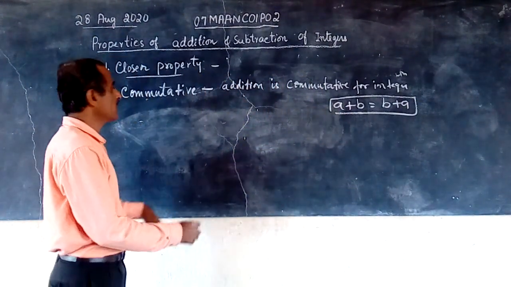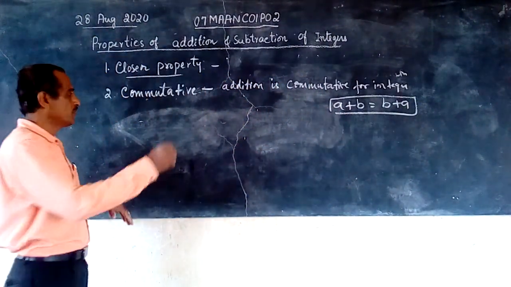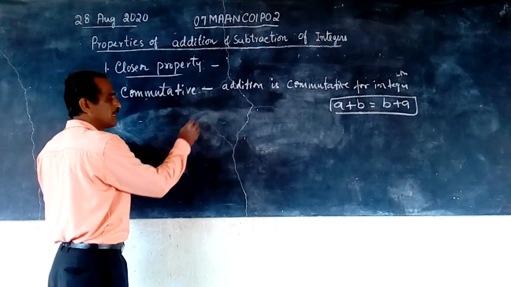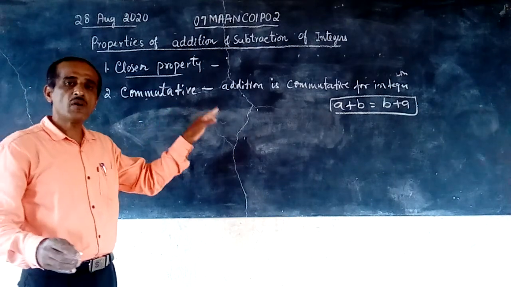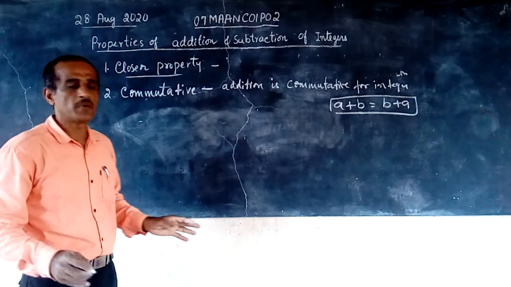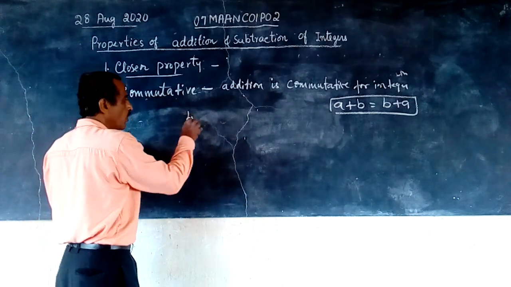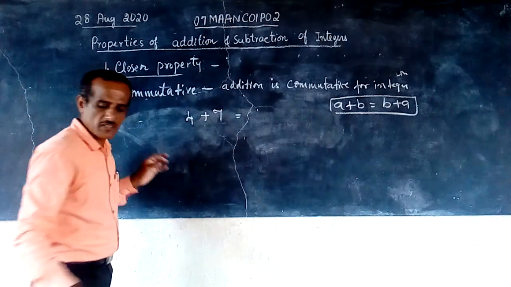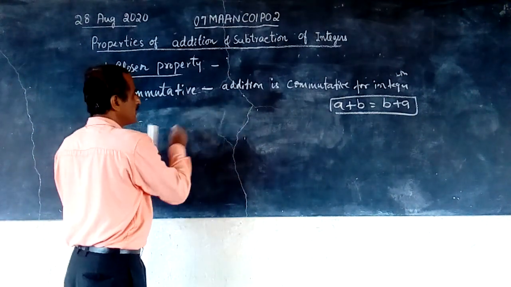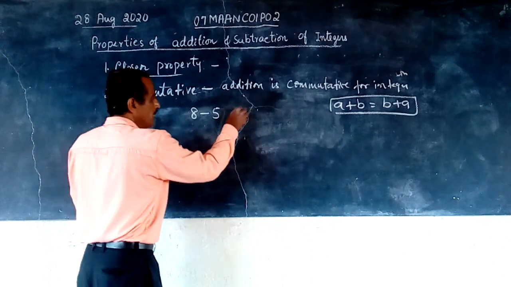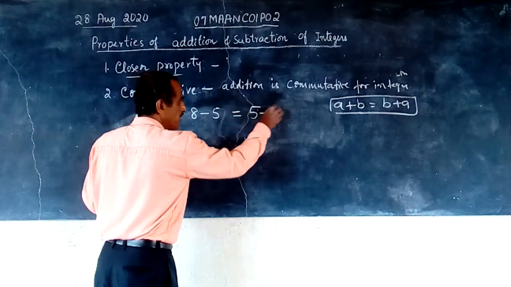But for subtraction, what happens? Commutative property. If any two integers are subtracted, is it equal to the subtraction of the reverse order of the numbers? See, for example, 8 minus 5 and 5 minus 8, is it same?